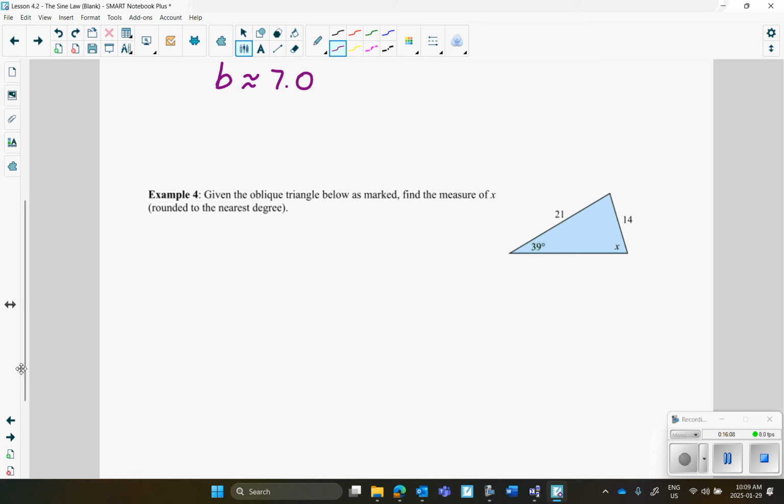Well, we've got the side 21 over the sine of its angle opposite, which is what we're trying to find. That is going to equal the other side we're given over the sine of its angle opposite, which we are given. And then we do the same step to clear the fractions, cross multiply.